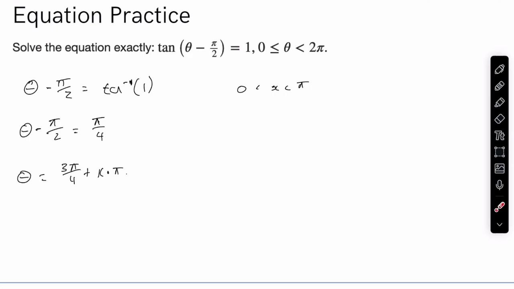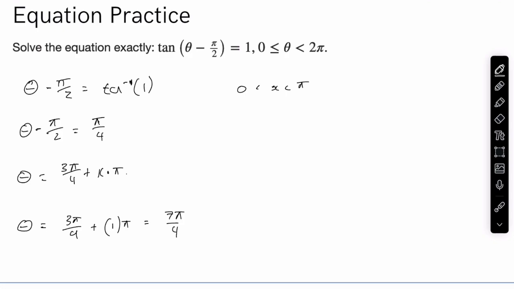Now remember what our interval here is, 0 to 2 pi. So if k equals 1, we get 3 pi over 4 plus 1 times pi. What does that give us? That gives us 7 pi over 4.